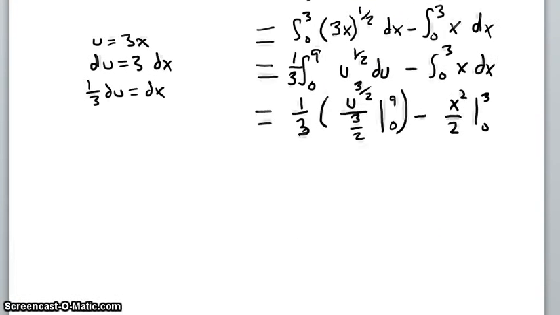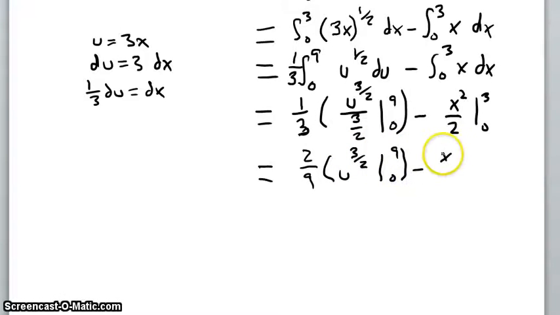And then I'm going to clean up the numbers here on the left integral. So we have 1/3 divided by 3/2, which is also the same as 1/3 times 2/3. So I have 2/9 u to the 3/2 from 0 to 9, minus x squared over 2 from 0 to 3.